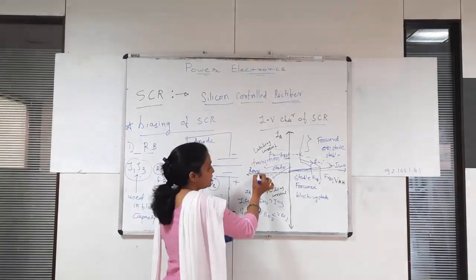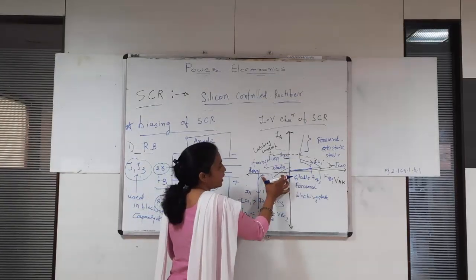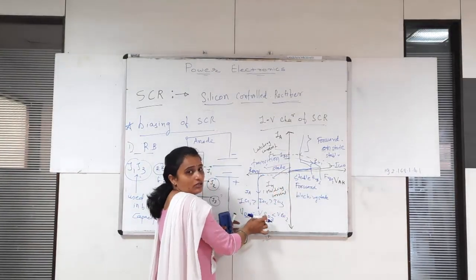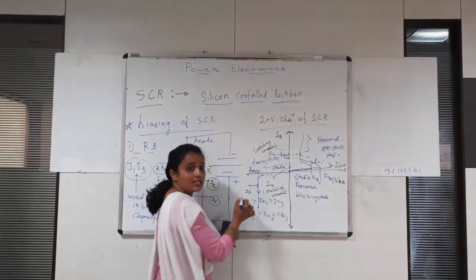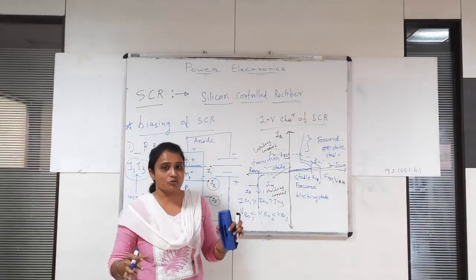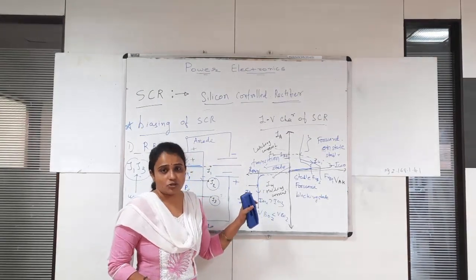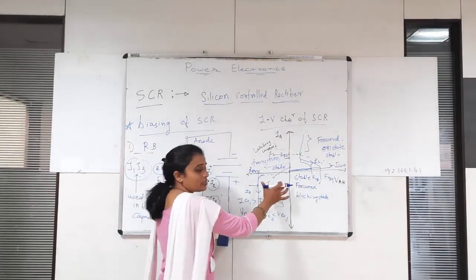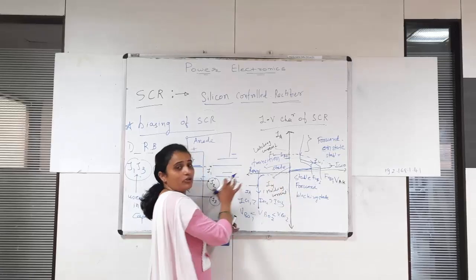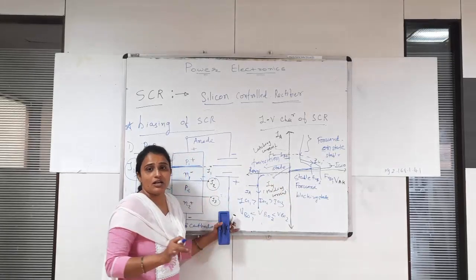Now at this location the anode to cathode voltage remains constant. In this condition a large amount of current is flowing because the avalanche process occurs, so it can damage the SCR. So we cannot use this region for the SCR because it damages the SCR.